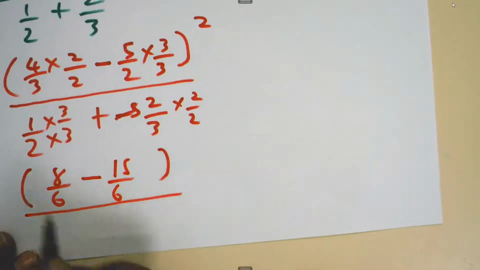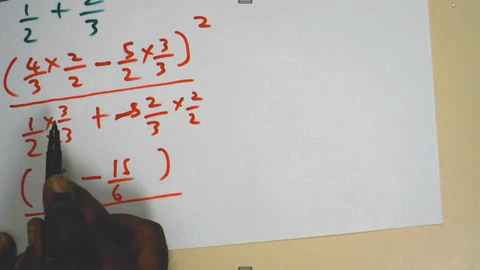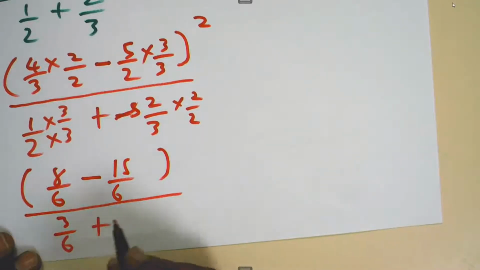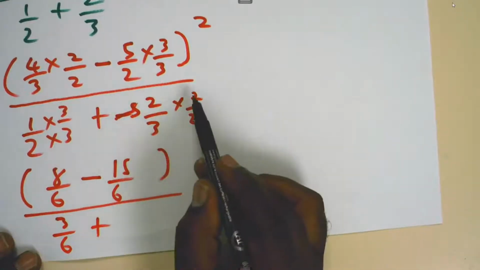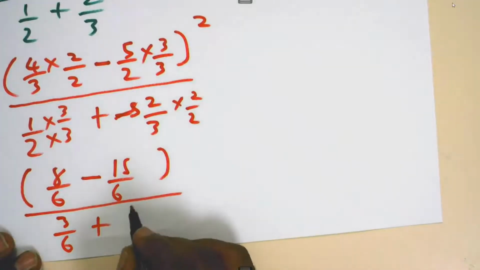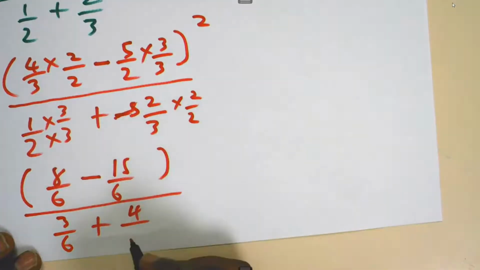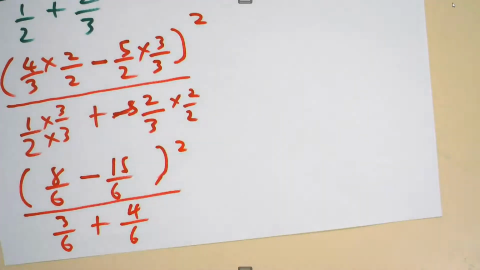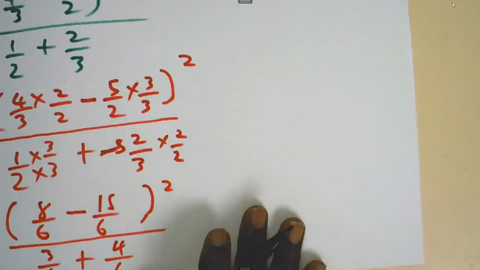Going to the bottom, 1 multiplied by 3 is 3, 2 multiplied by 3 is 6, so 3 over 6, plus 2 multiplied by 2 is 4, 3 multiplied by 2 is 6. Remember that one is squared.